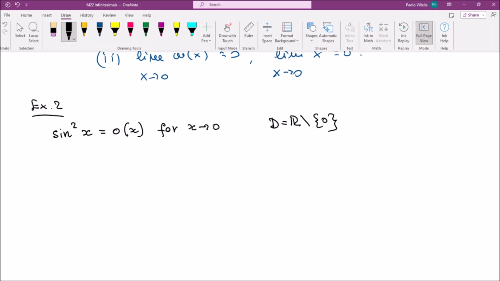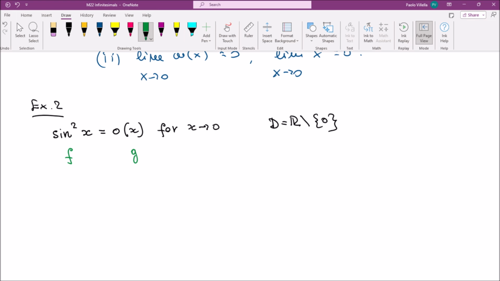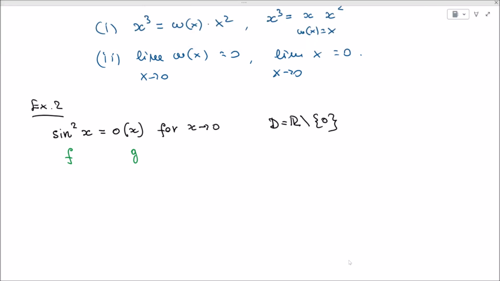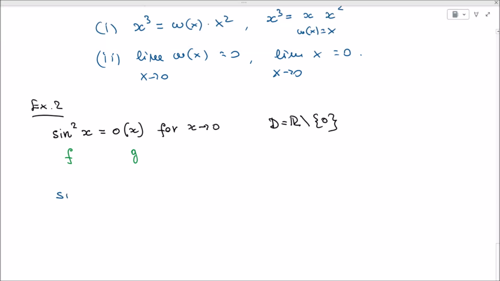Now, once again, we see that f is sine square of x, g is simply x, so we need to find another function omega such that sine square of x, so this is f, should be written as omega times x.